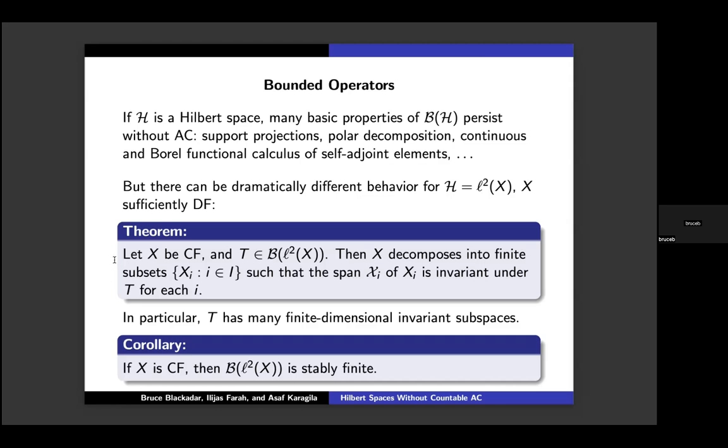It takes some work to prove this theorem. But here is a quick consequence of this: if X is CF, then B of L2 of X is stably finite. It contains no non-unitary isometries, and no matrix algebra over it does either.